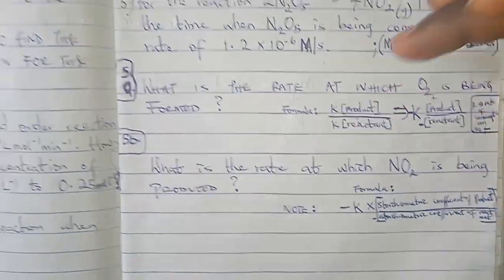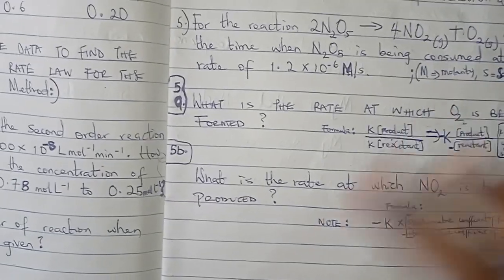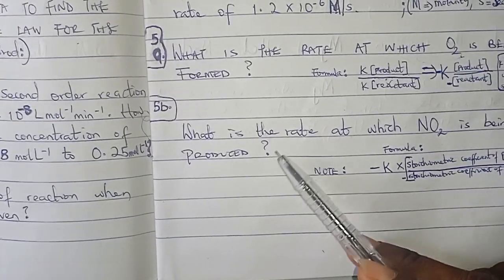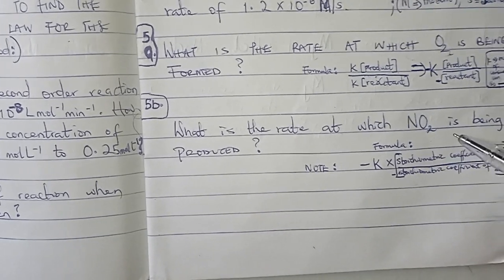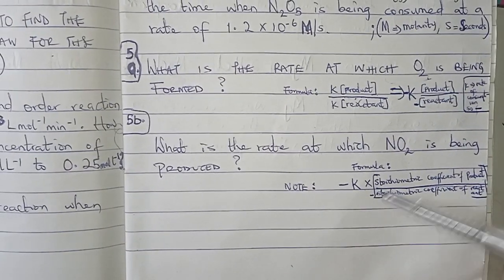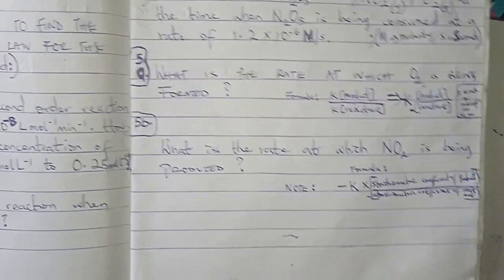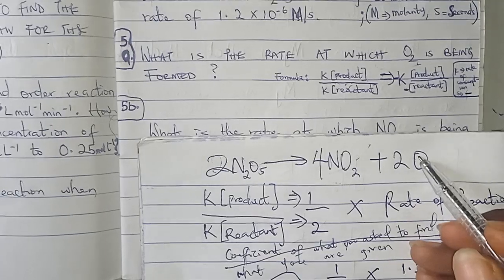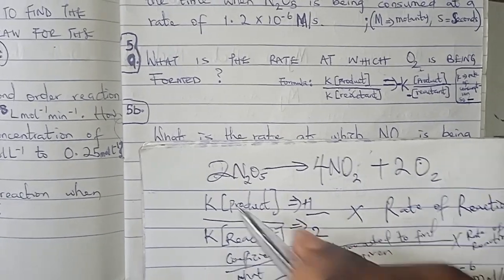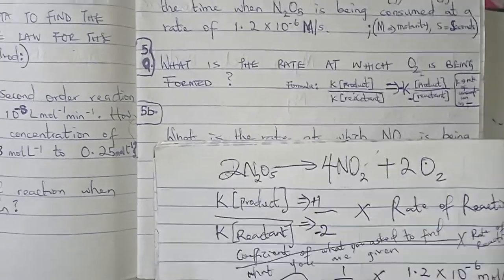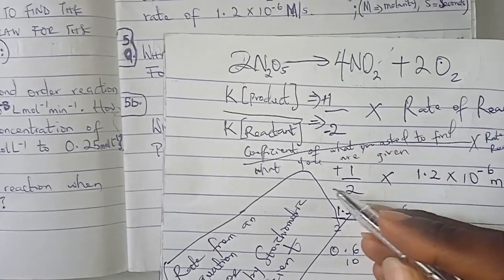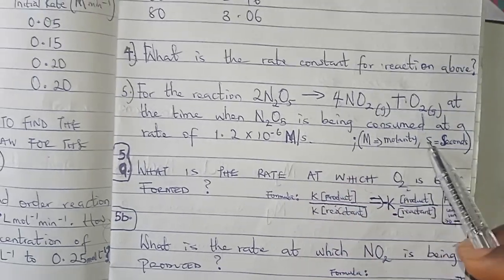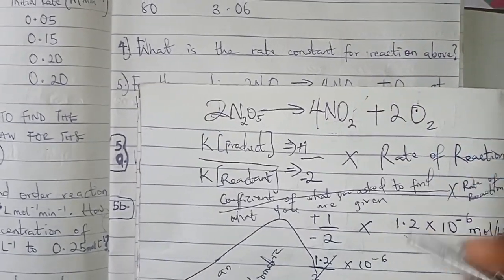Let's move to the second part. What is the rate at which NO2 is being produced? Let's notice something. Oxygen is production, plus. This part is minus, because it is consumed at rate 1.2, so I put minus here.